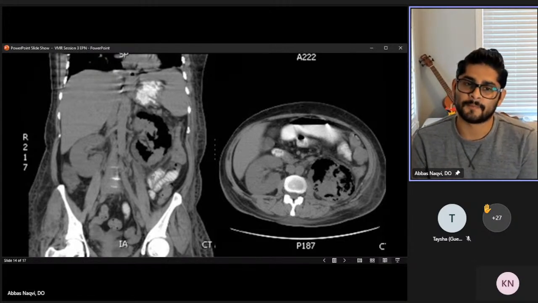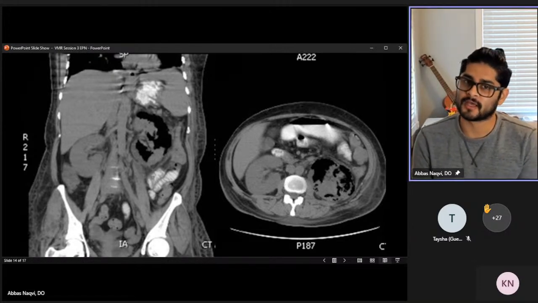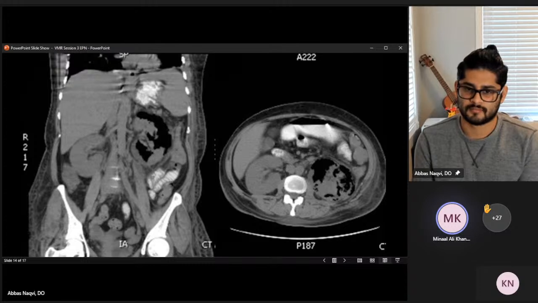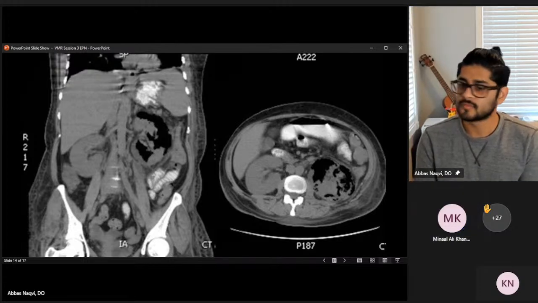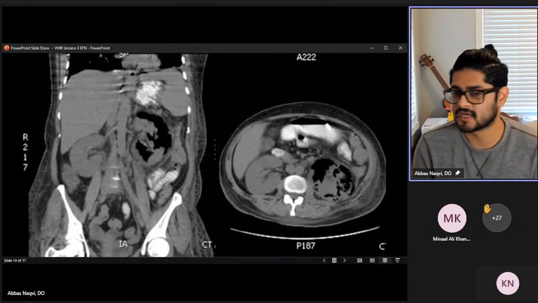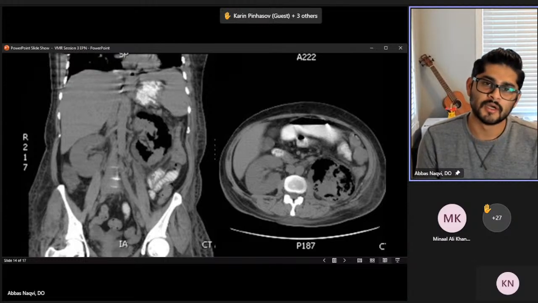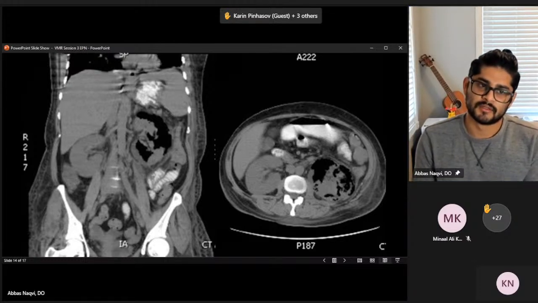What usually causes that? What do you think might cause that? I want to relate it back to her labs. Is it because her creatinine was so high? Nope, that's just kind of a sequela of what's going on with her kidney.